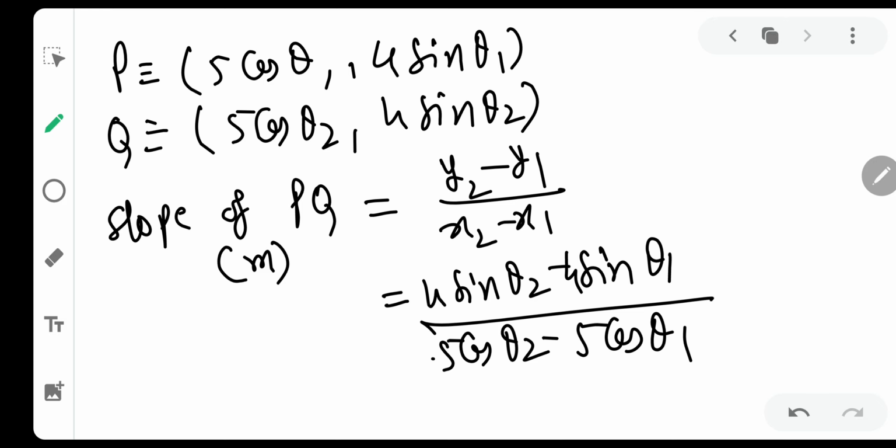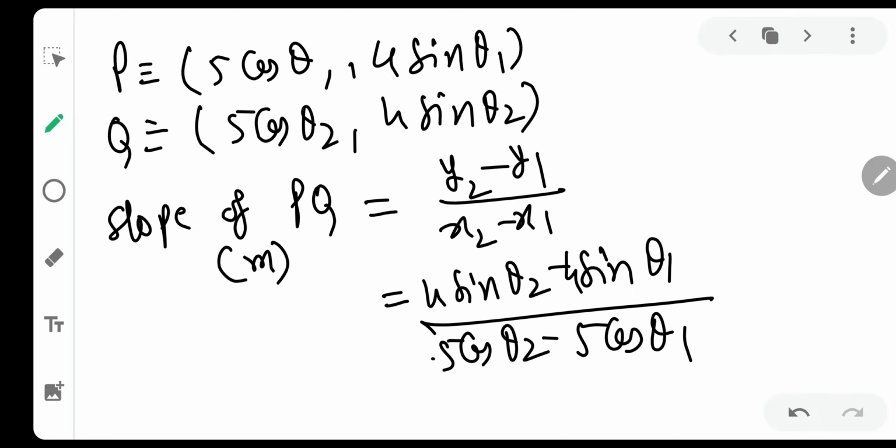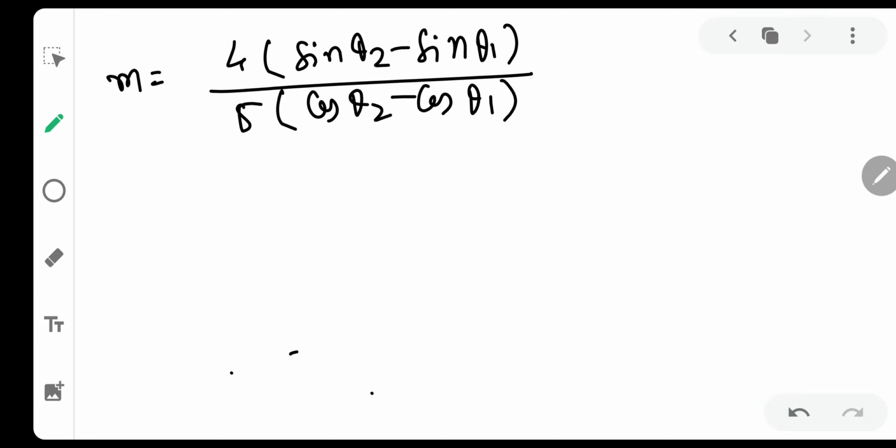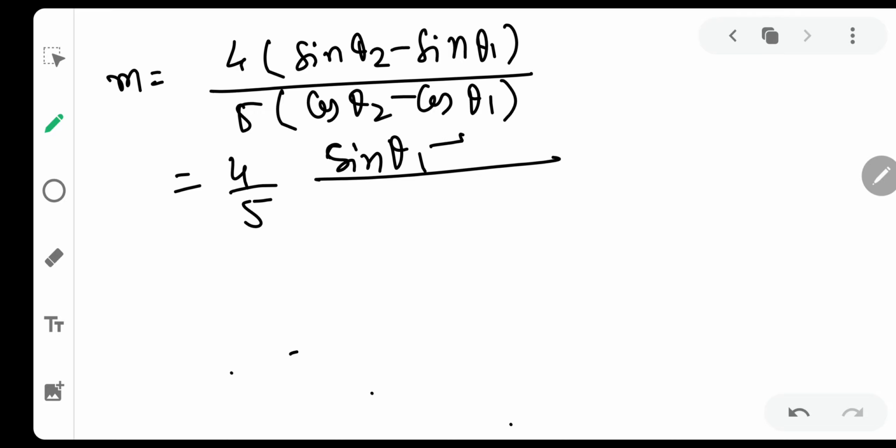Okay, so let us take 4 and 5 common on the next page. So M will be equal to, I took 4 common, so it will be sin theta 2 minus sin theta 1, and then 5 times cos theta 2 minus cos theta 1. Okay, I will multiply numerator and denominator by minus 1 so that there is no confusion for me with the signs of theta 1 and theta 2. Now it seems better. I multiplied with minus 1 both sides, right?